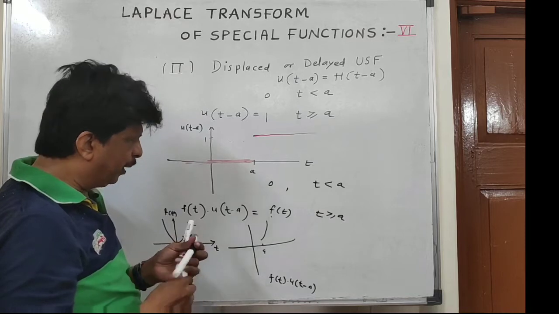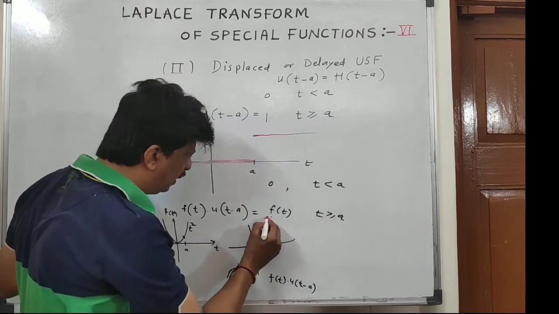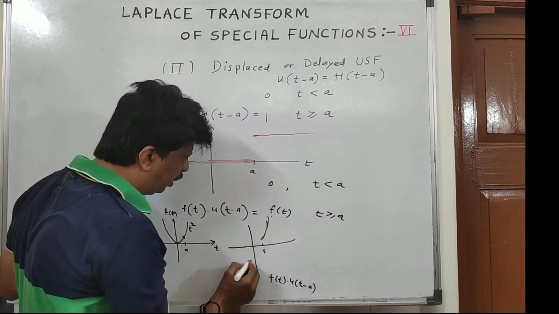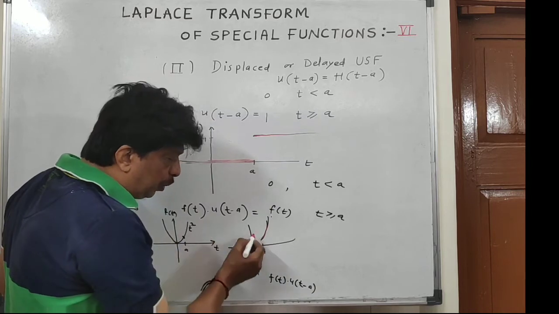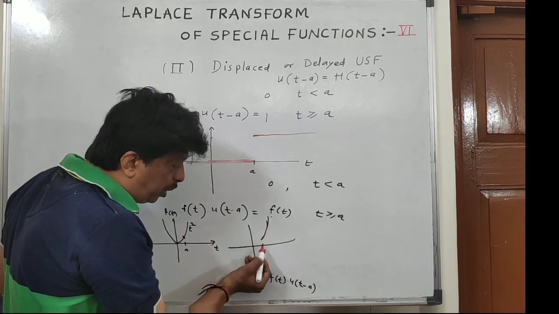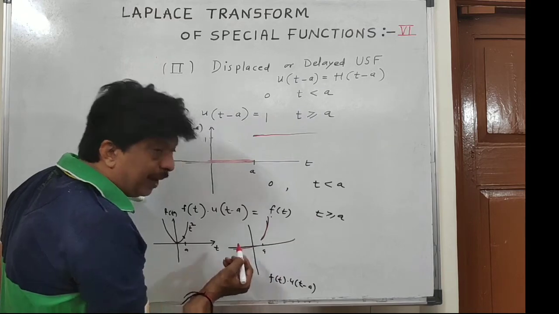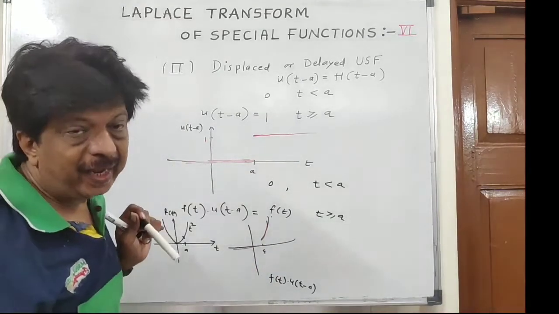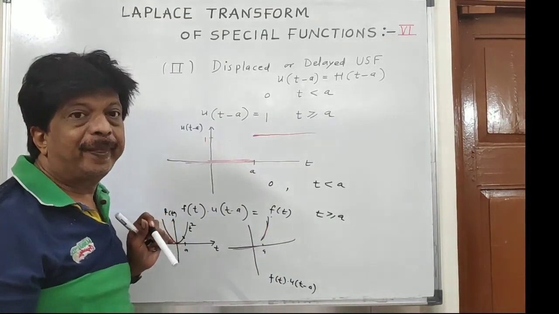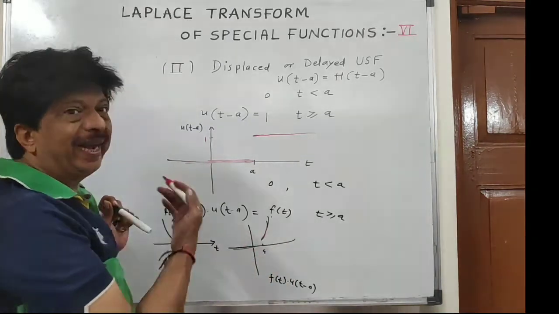The portion of the parabola towards the left of a has been curtailed, has been filtered, has been omitted.